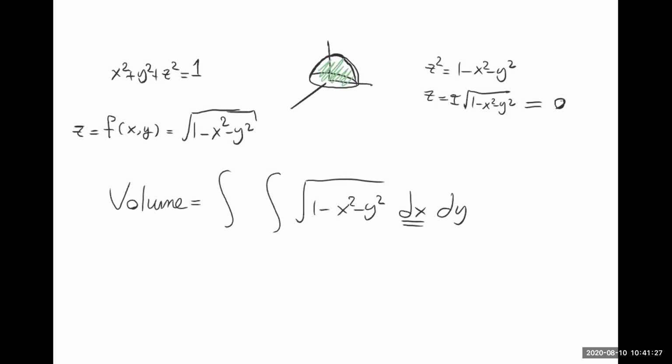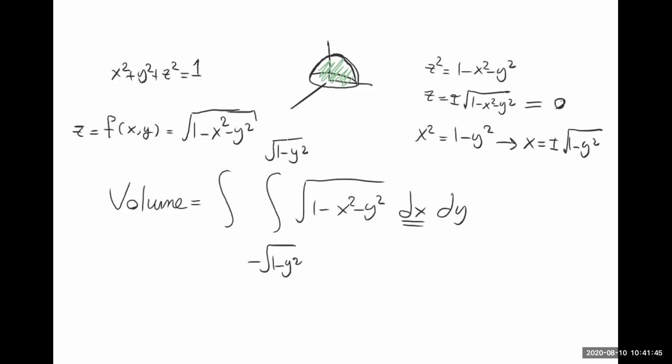I can isolate x. x squared would be 1 minus y squared. x would be plus or minus square root of 1 minus y squared. So the integral would be from minus square root of 1 minus y squared to square root of 1 minus y squared.